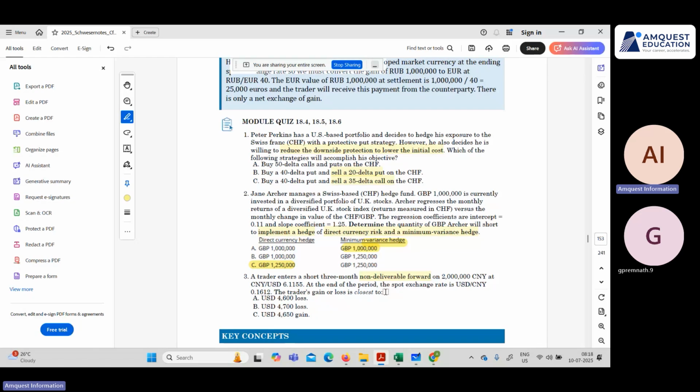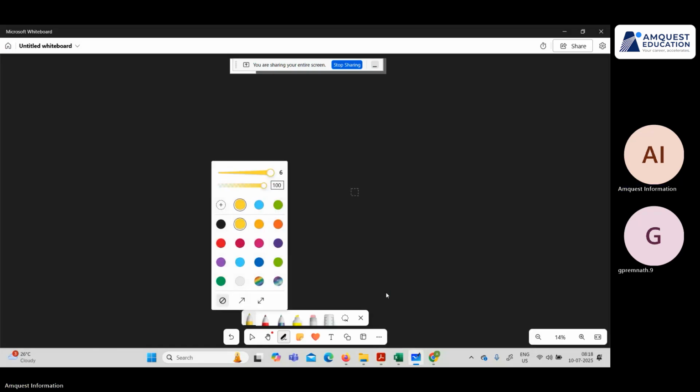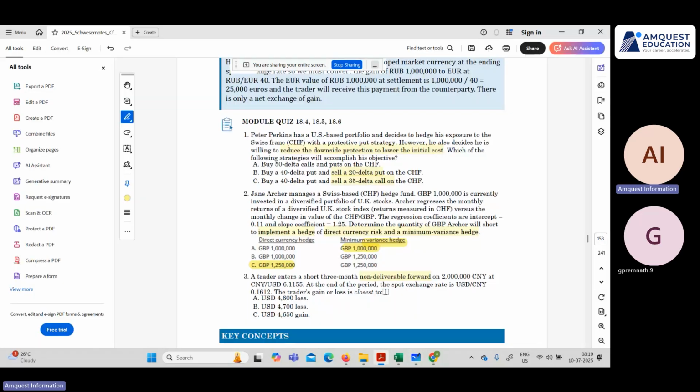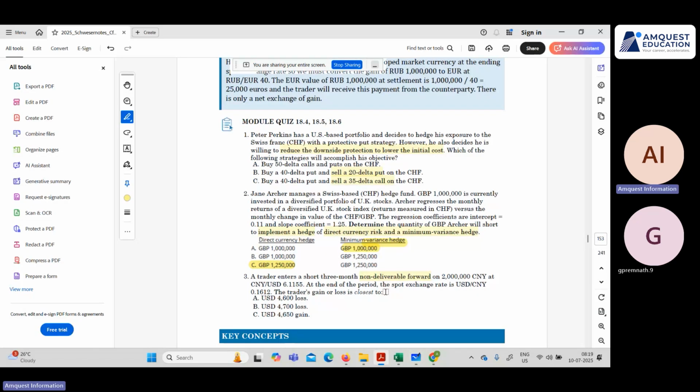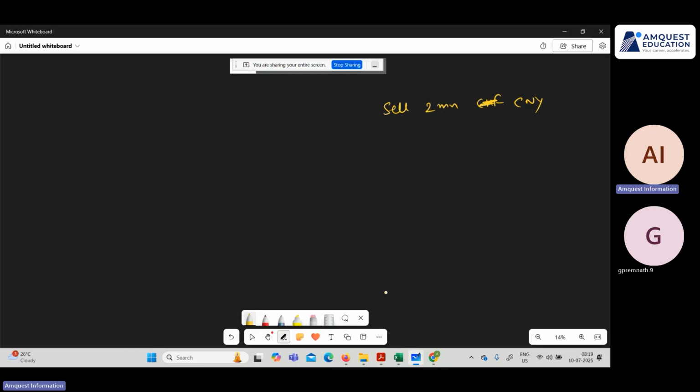So it says enter 3-month contract, NDF, CNY. Basically somebody has to sell 2 million CNY at CNY by USD.